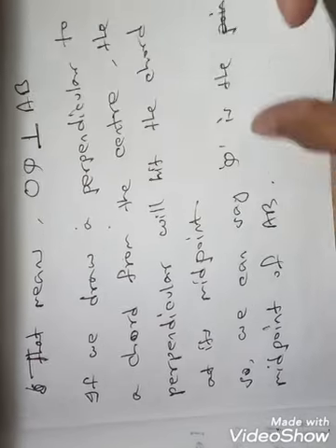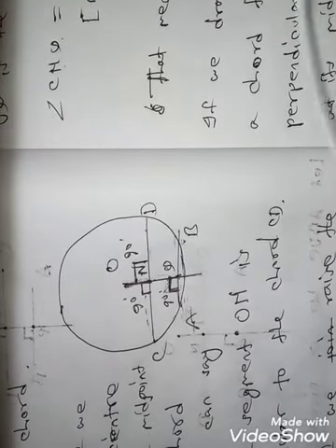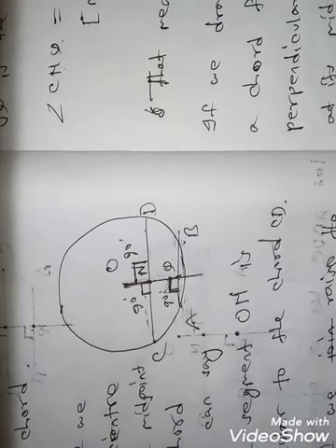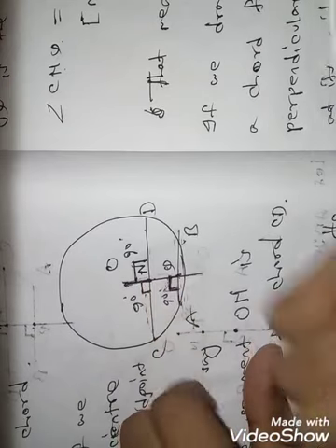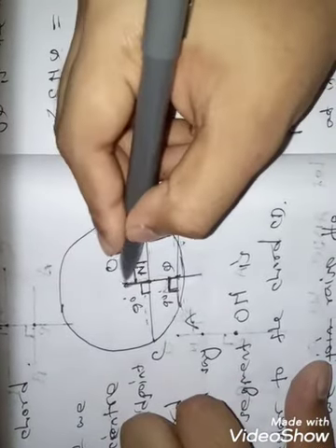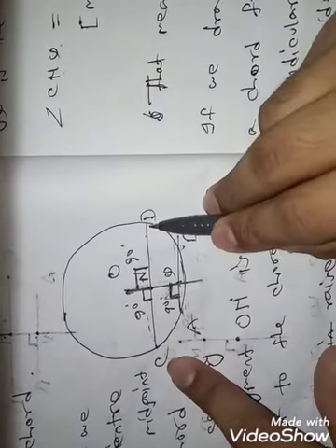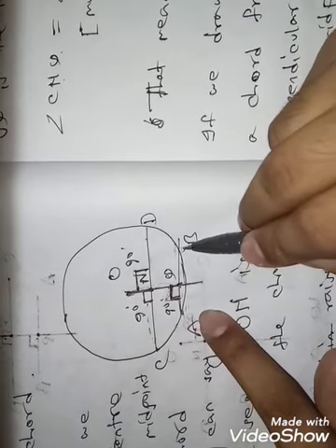If you check carefully, we have already proved the theorem. See, this line segment is going through the midpoint of CD. This line also goes through the midpoint of AB.